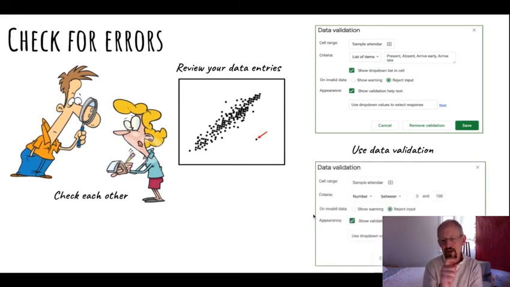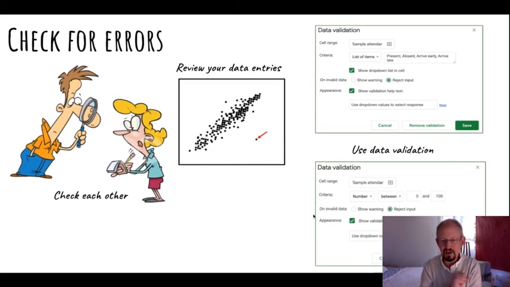Another way of using data validation is to have the criteria set to numbers. Let's say I'm entering numbers into a cell, and let's say it's a percentage, so it's a percentage score on a quiz or a test or whatever it may be. If it's a percentage, the variation is between 0 and 100. So now I say any cell within this column, which is a percentage score, can only be between 0 to 100.